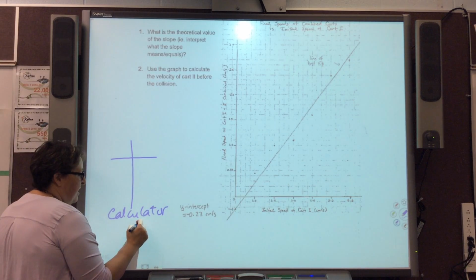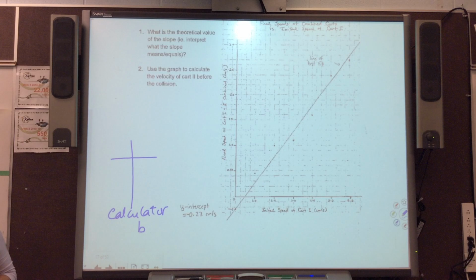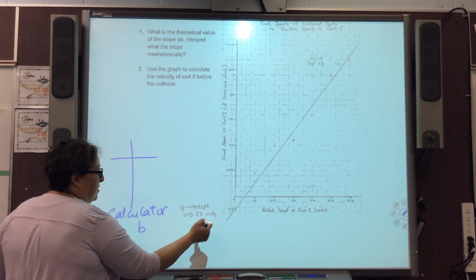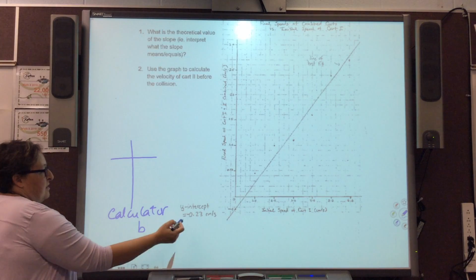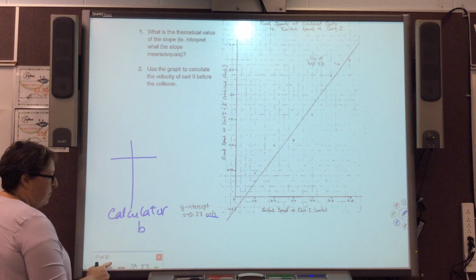Remember we practiced that to figure out your y. When you do your slope intercept equation, it gives you x, y, m, and b. So b is equal to this negative, because it's below 0, negative 0.23 centimeters per second. Make sure we're aware of that.